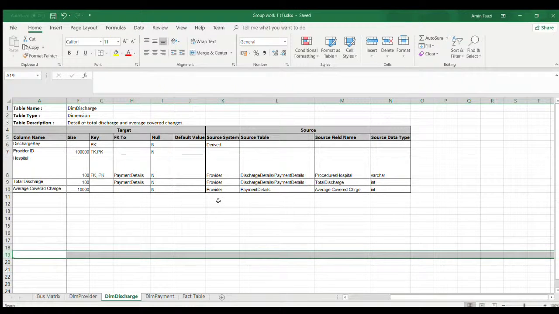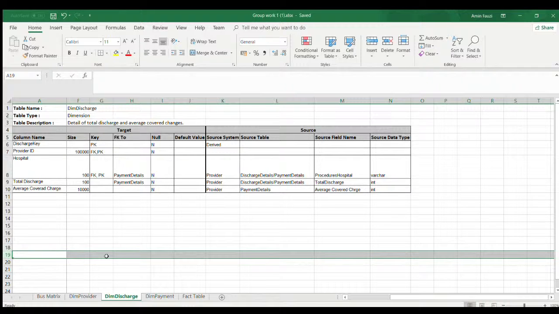The next dimension is the dimension discharge table. It has 5 columns. The first one is discharge key, which is the primary key, and then the provider ID, which is the foreign key in this table and the primary key in the dimension provider table.